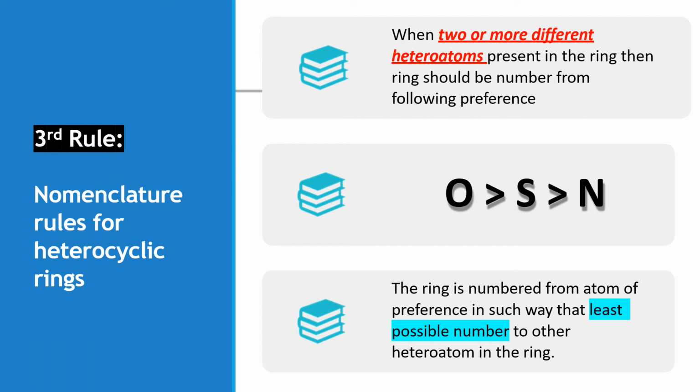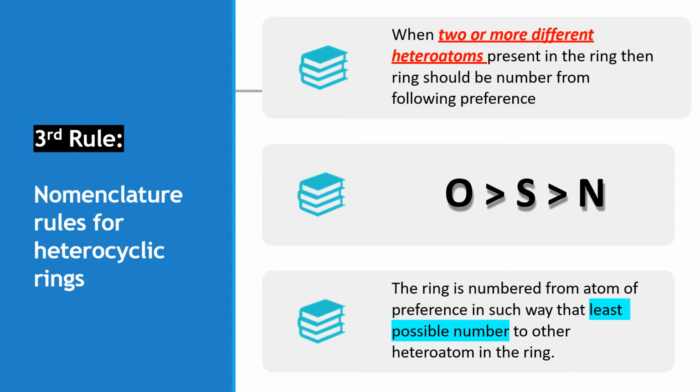Suppose in any membered ring two atoms are present, like oxygen and sulfur. At that time we give oxygen the first number and sulfur the second. Some rings will have oxygen and nitrogen. At that time for oxygen we use the first number and for nitrogen the second number. Okay, so what is this? It indicates the sequence of heteroatoms. If sulfur and nitrogen are present, that time also the first number is sulfur and then nitrogen.